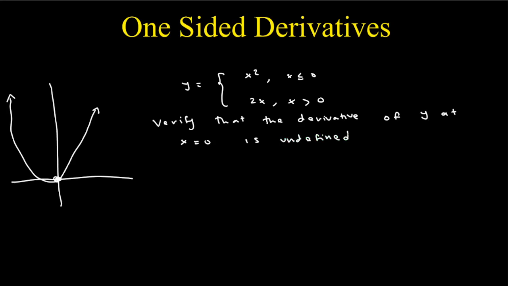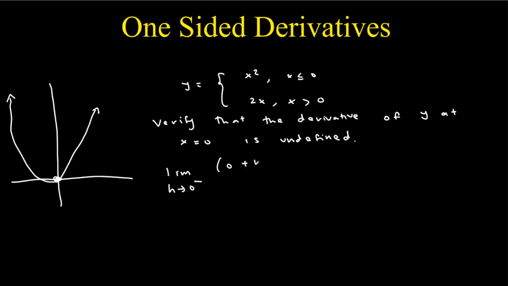And so for this, we use the concepts of one-sided limits. So let's find the left-hand derivative at point equals 0. So limit as h tends to 0 from the negative end, because left hand means we're going from the left to the right.